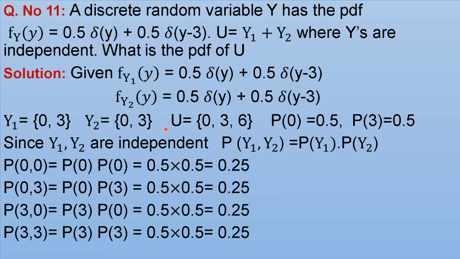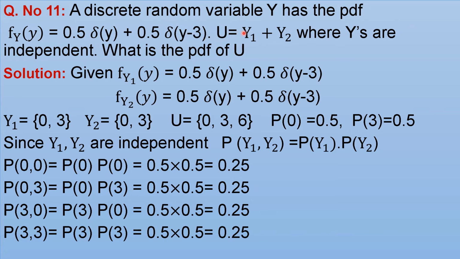Next question. A discrete random variable y has the probability density function fY of y equal to 0.5 into delta of y plus 0.5 into delta of y minus 3. Y is a discrete random variable and its probability density function is expressed in terms of the delta function.